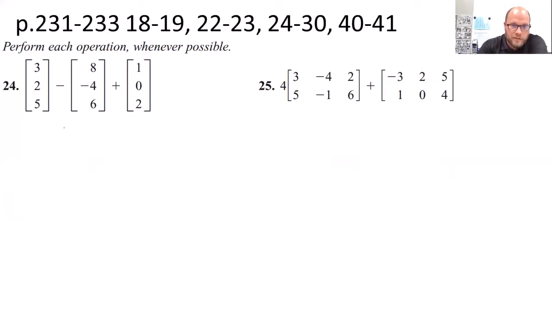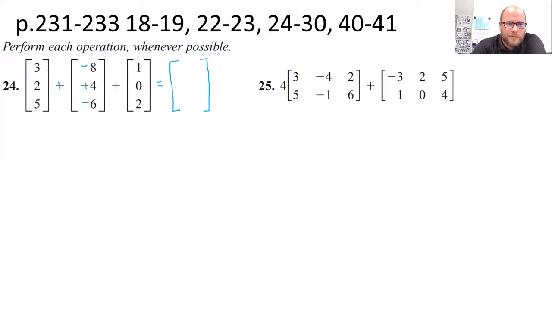For each row, we should end up with the exact same size matrix, because in order to add and subtract matrices, they have to be the same size, and then their final answer should also be the same size. For the one where we have the subtraction, this is going to be distributed to each of the values in here, and we can change that to plus. So this is going to be -8, +4, -6, change that to a plus sign.